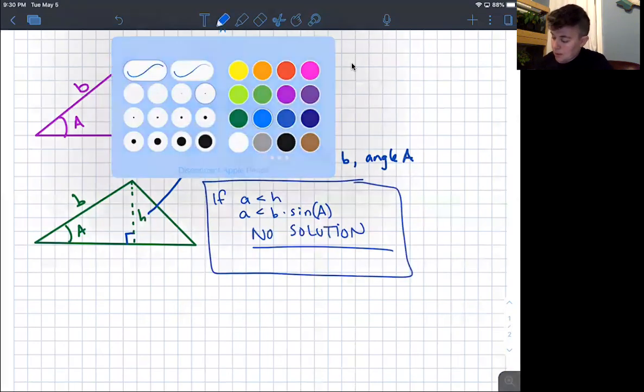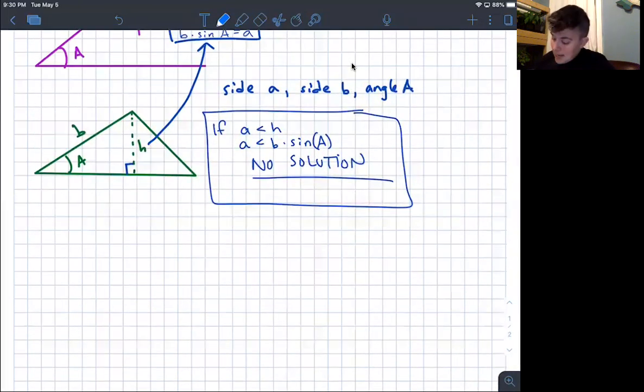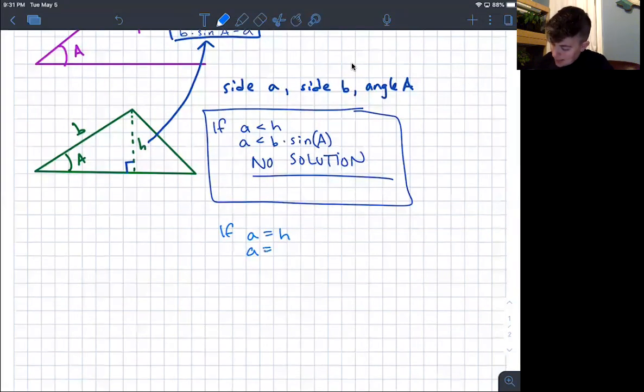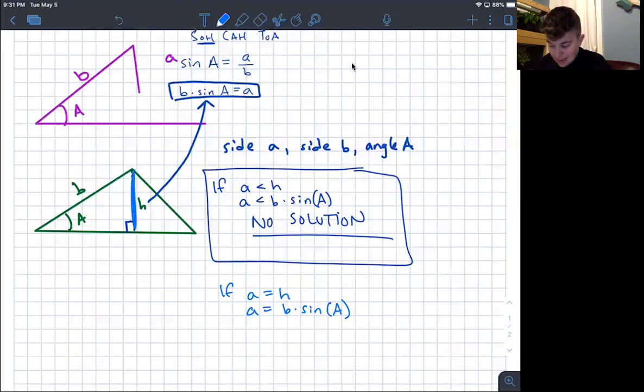Okay, let's look at situation number two. If A is exactly equal to the height, which means A is exactly equal to B times the sine of A, well, what does that mean? If it's exactly equal, there's only one way that it can hit, and that means it's going to be exactly the height, which means it's going to make a right triangle.